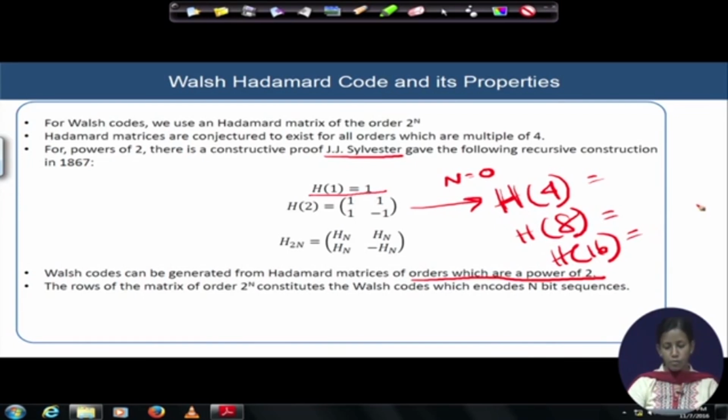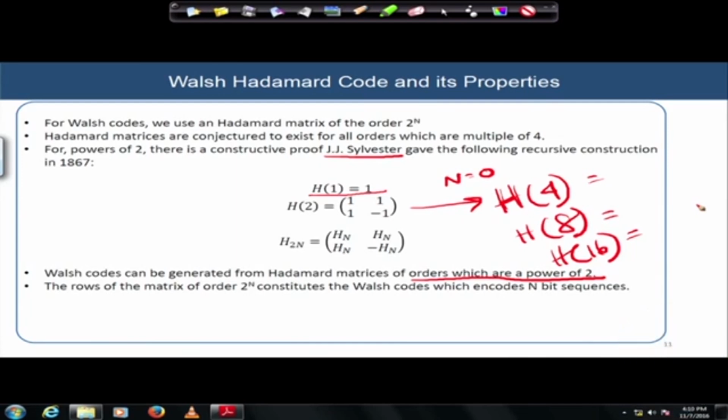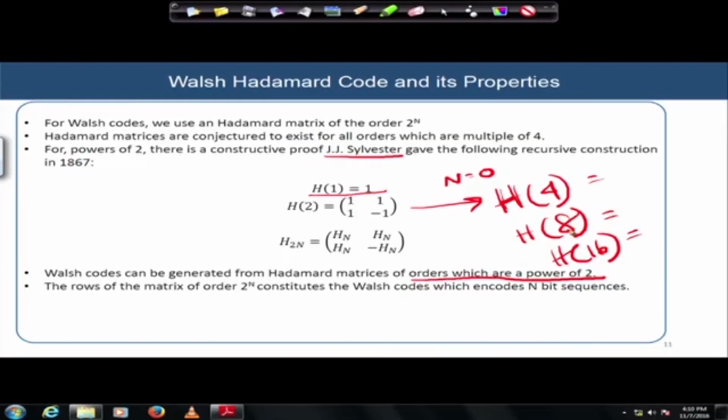You may try to find out whether the fundamental properties of the Hadamard matrix that we have already discussed hold good when it is constructed as a Walsh Hadamard code, because the Walsh Hadamard code is a restrictive usage, specially constructed from matrices which have their fundamental roots in the Hadamard matrix.